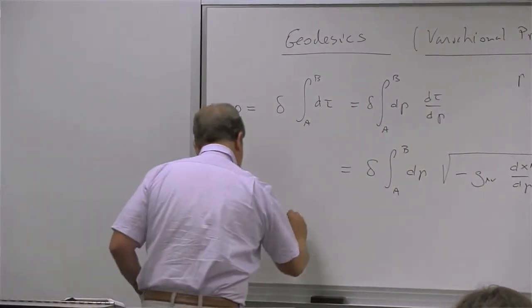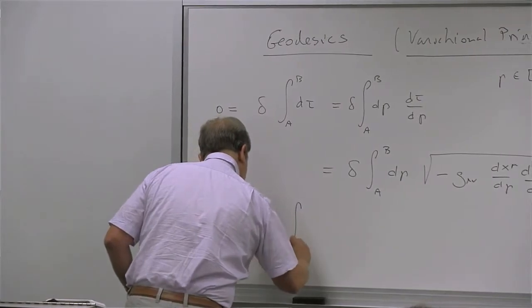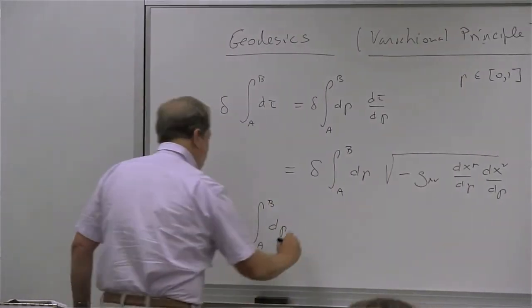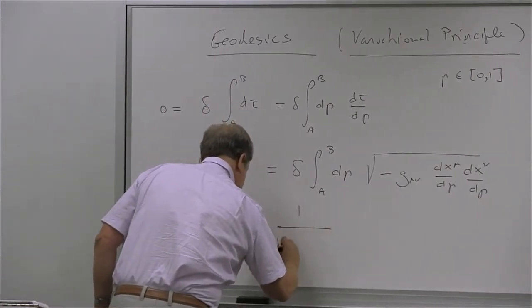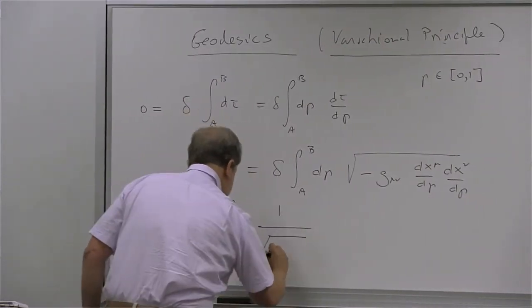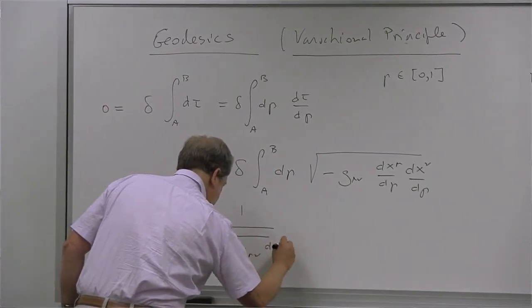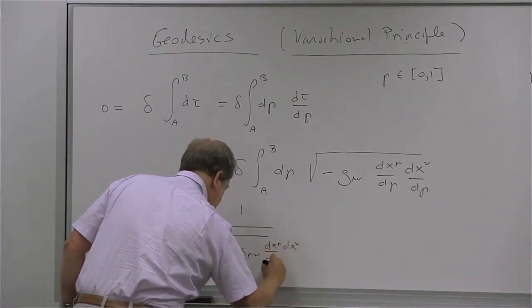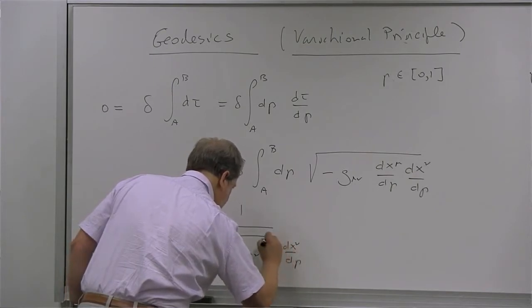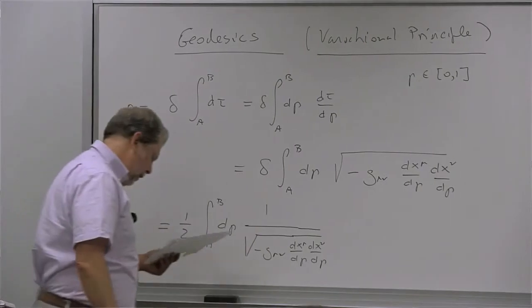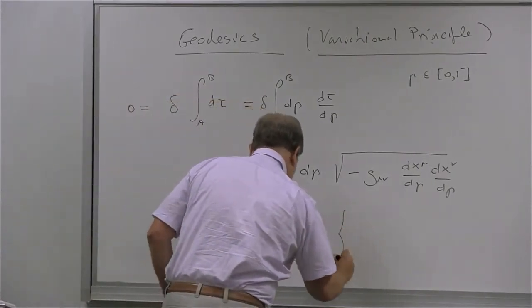So this is equal to 1/2 times the integral from a to b in dp of 1 over the square root of minus g mu nu dx mu dx nu by dp by dp, and then the variation of what is inside the square root itself.